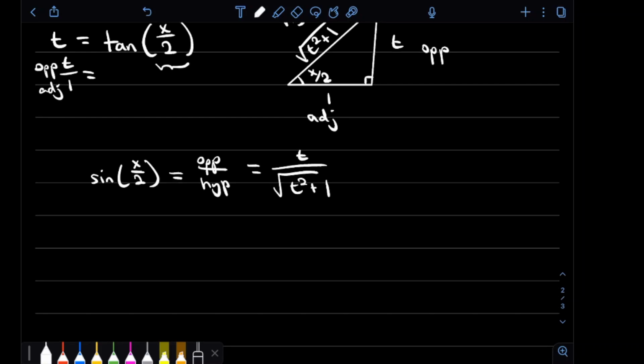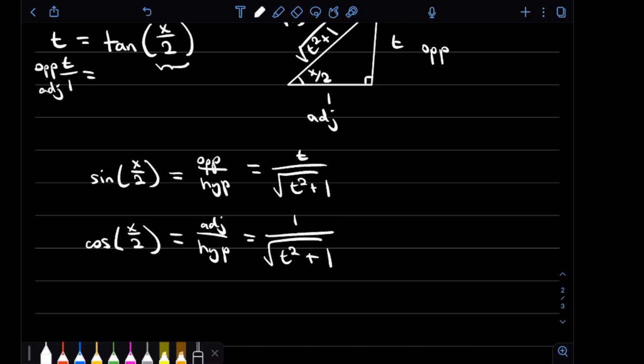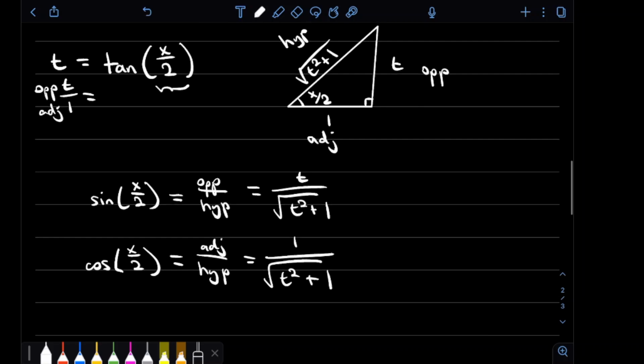And if we take the cosine of x over 2, which we know to be adjacent over hypotenuse, we instead get 1 over the square root of t squared plus 1. Okay, now we're getting somewhere.